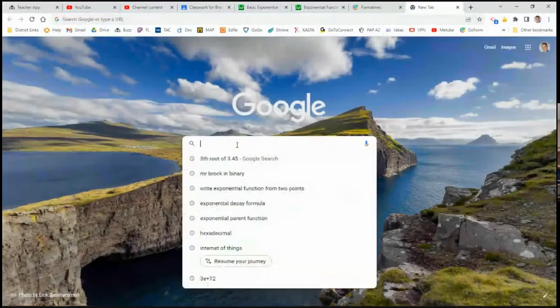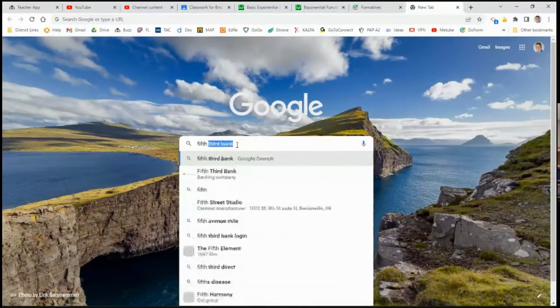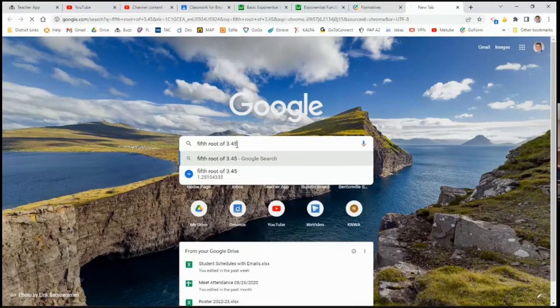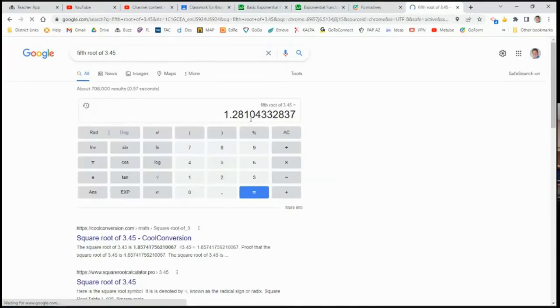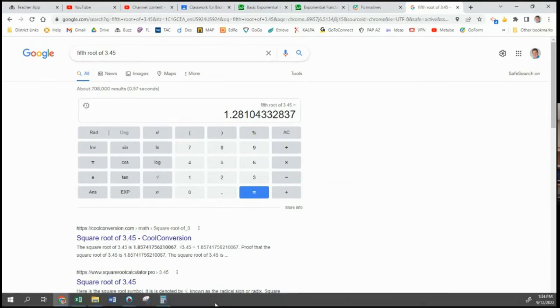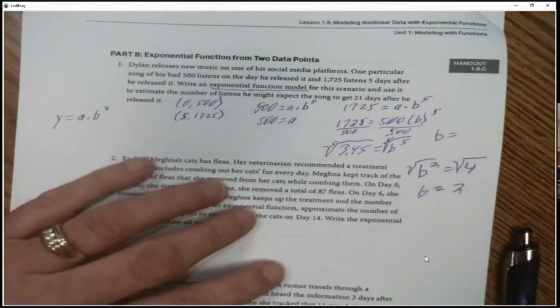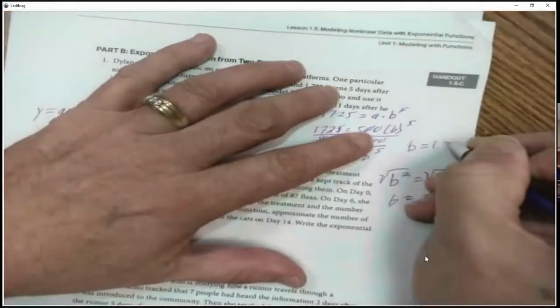You'll open up a Google page and just say, what is the 5th root of 3.45? It's 1.28. You just type 5th root instead of square root or 3rd root. So 1.28 is the number we're looking for. So b equals 1.28.